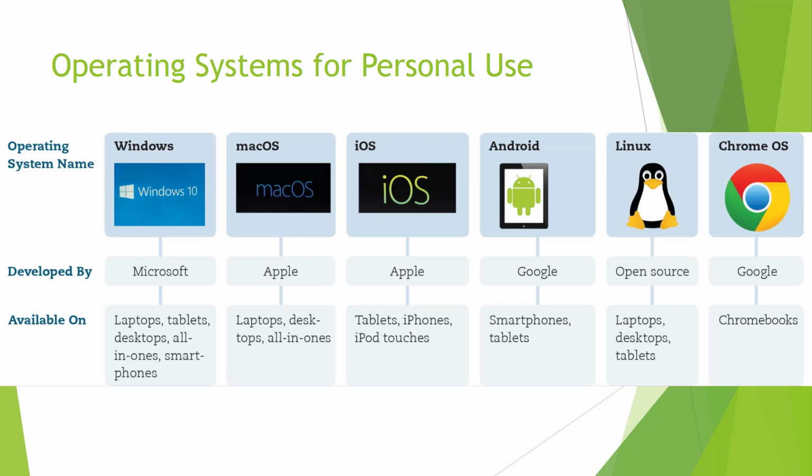Now, this is available on desktop computers, laptops, tablets, all-in-ones. You can even get smartphones that are running Windows. There's not many smartphones out there running Windows, especially none that I know of running Windows 10, but there are still some available if you are a true die-hard Microsoft fan.